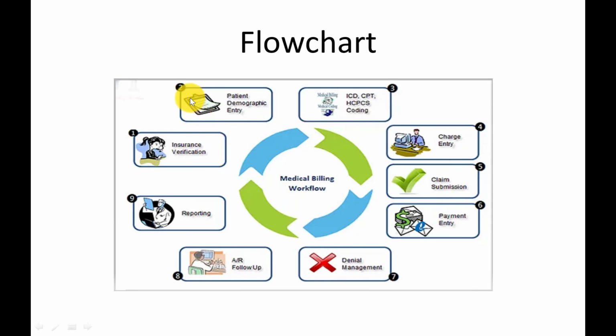After that, the second part is patient demographics entry, like age, gender, and all these things, entered into their database. In the third step, the medical coding part comes into the picture, where all the procedures, diagnoses, histories, and so on will be coded. Certain numeric or alphanumeric codes will be given to those conditions.